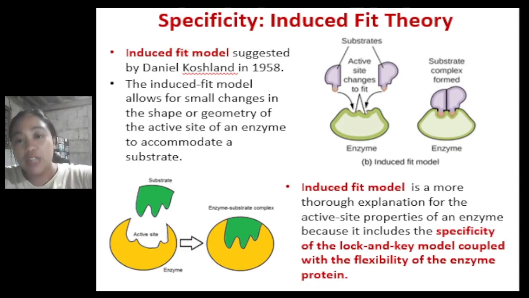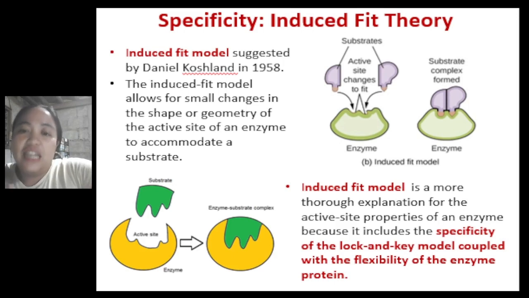This model is suggested by Koshland in 1958. This model allows for small changes in the shape or geometry of the active site of an enzyme to accommodate a substrate. So this is a more thorough explanation for the active site properties of an enzyme because it includes the specificity of the lock and key model coupled with the flexibility of the enzyme protein.